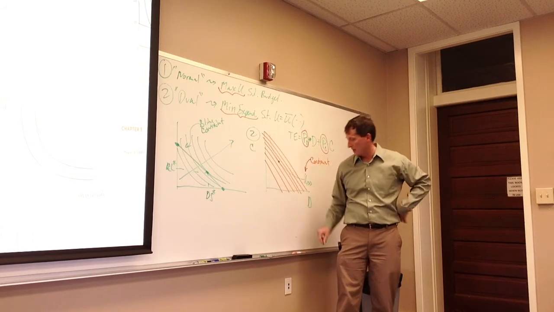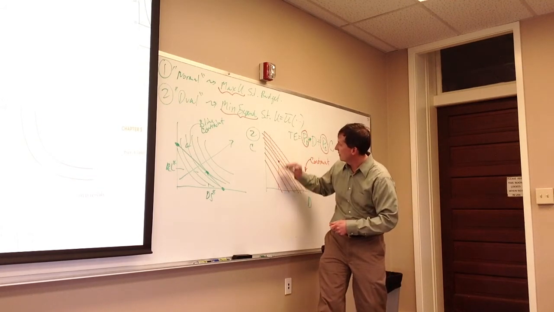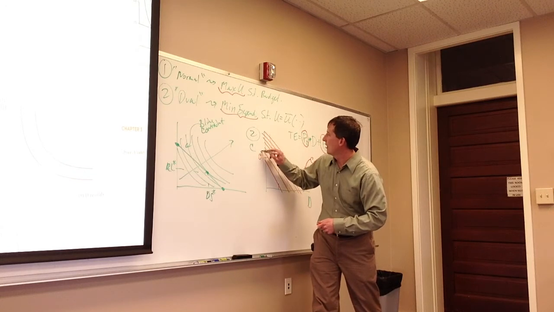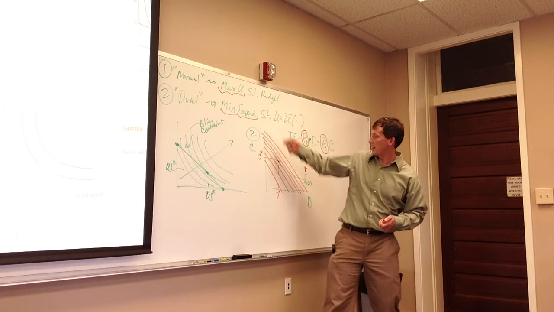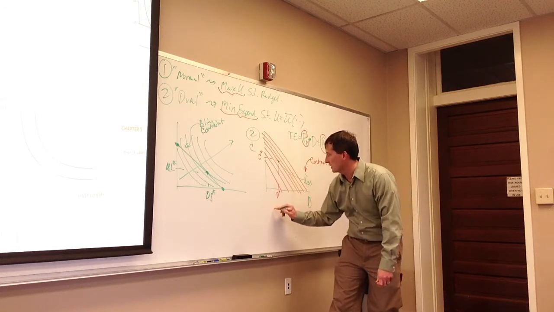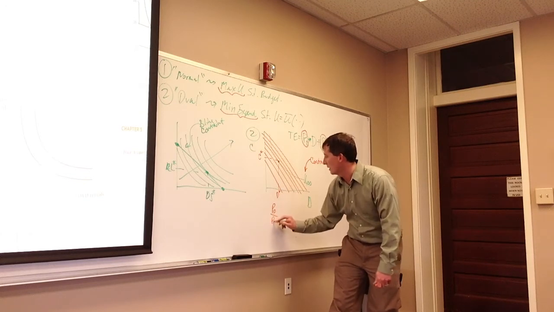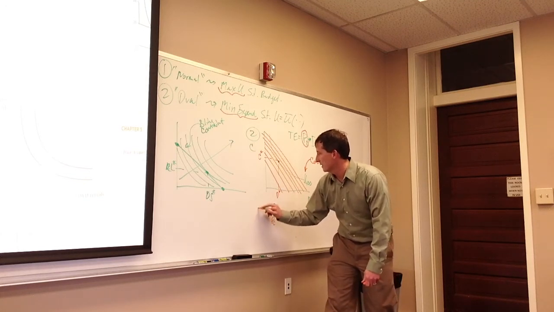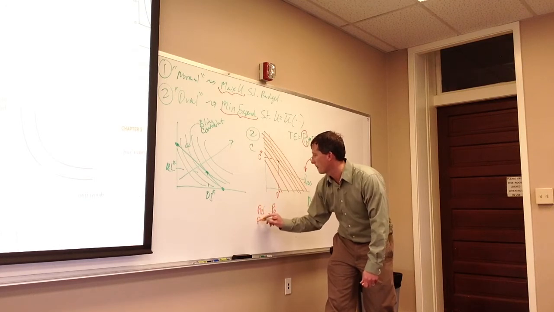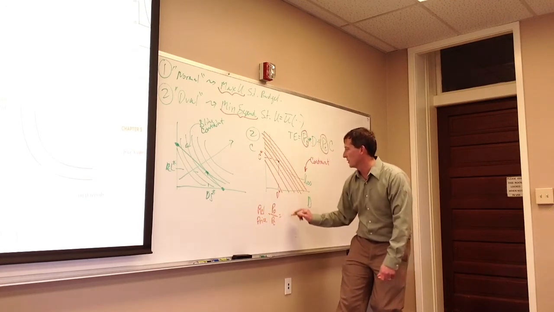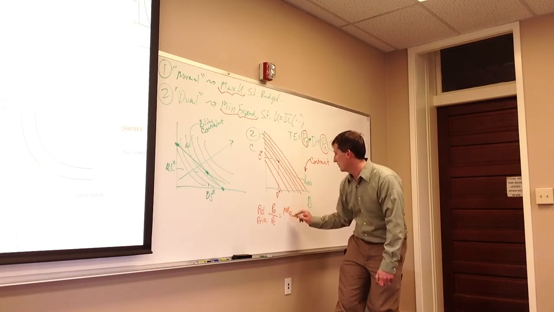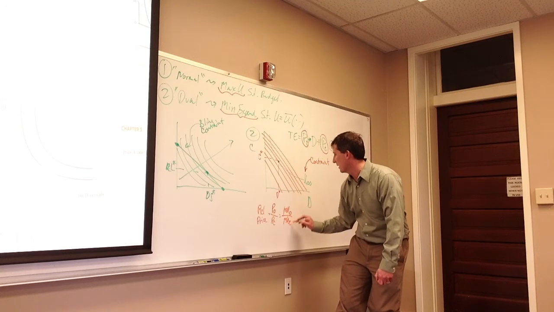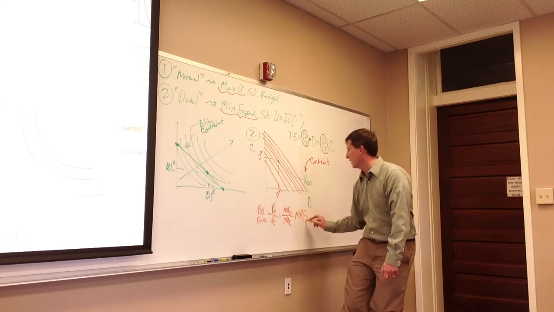We know that the slope of the budget line, which is the price ratio, the price of dress shirts over the price of cufflinks, the relative price, is equal to the marginal utility of dress shirts over the marginal utility of cufflinks, which is the marginal rate of substitution.